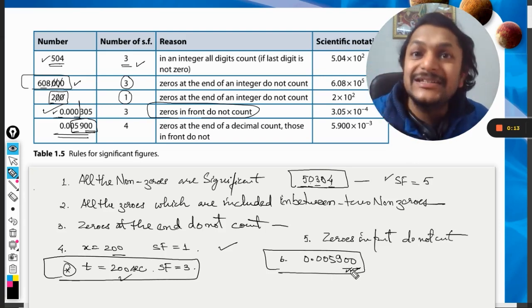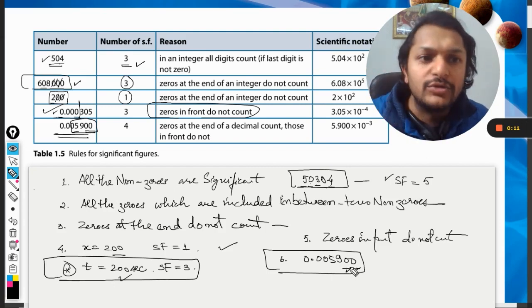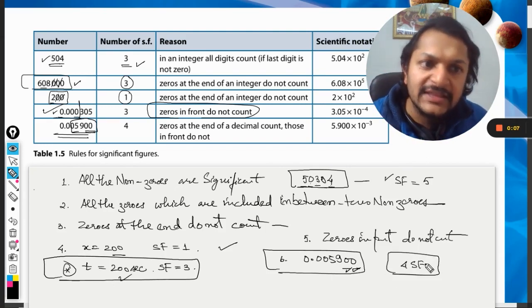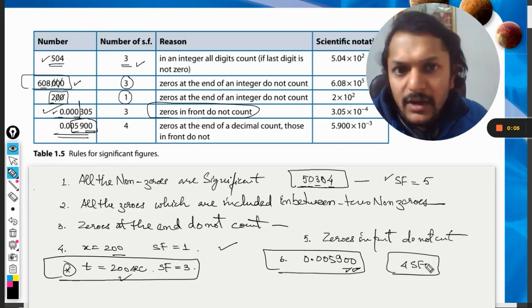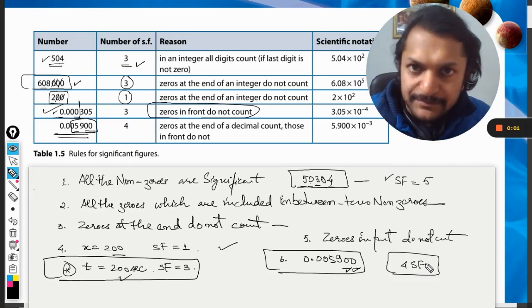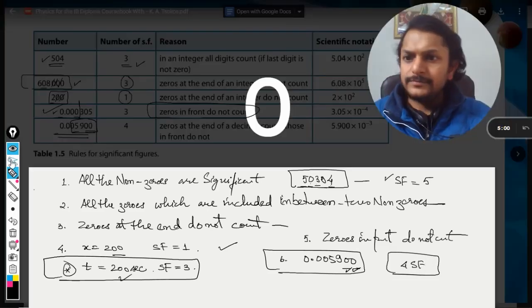So that is why these zeros will be included in the count. So overall, there will be 4 significant figures in this example. So my dear students, these are the rules for the significant figures.